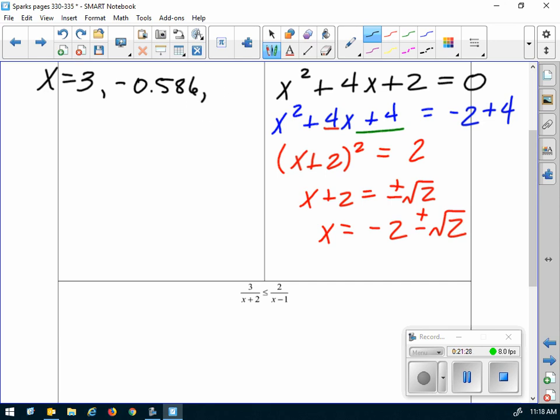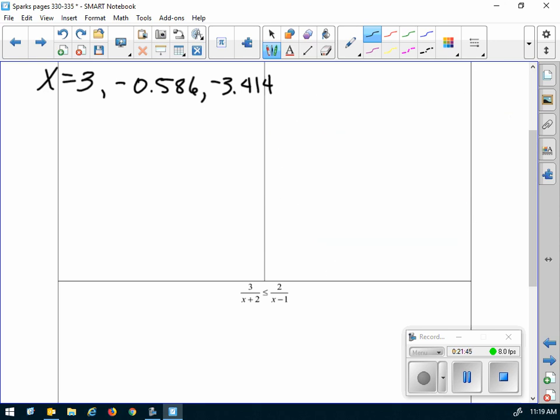And? Negative 3.414. That was probably faster than doing the quadratic formula. Those are the numbers that are going to go on your number line.